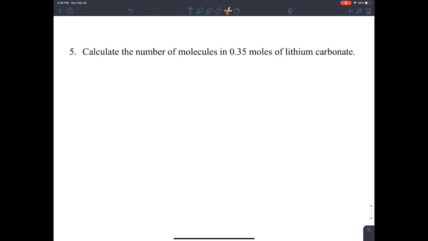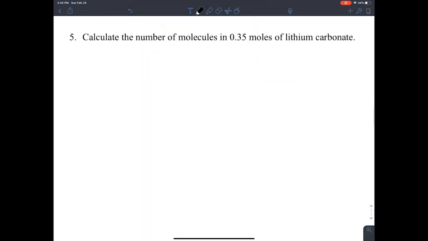In this case, our known is 0.35 moles, and I will change the color in a second because I have the power to do that now, of lithium carbonate.